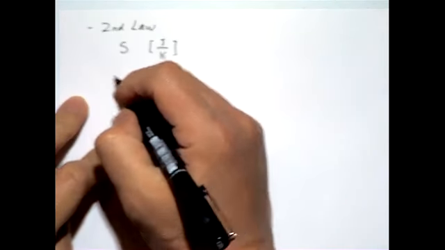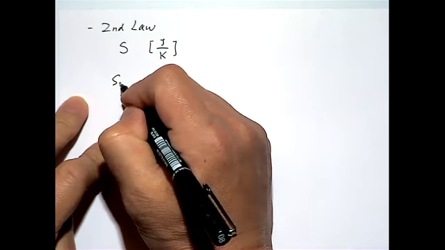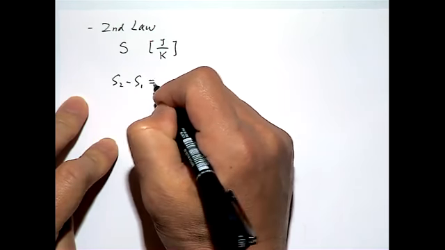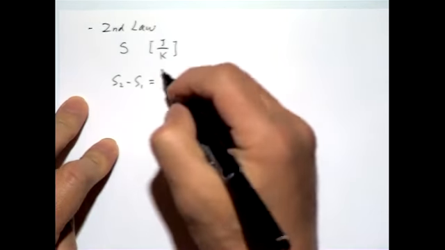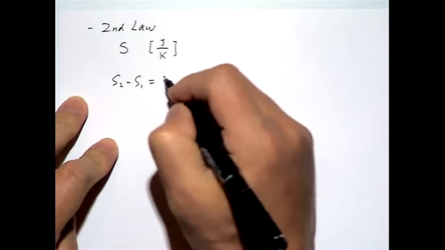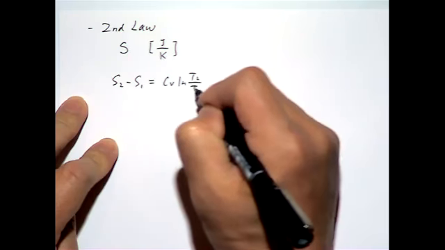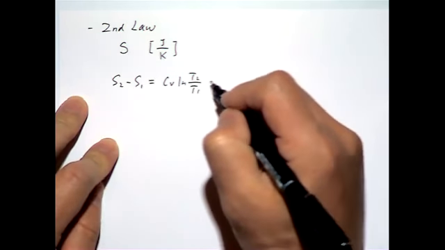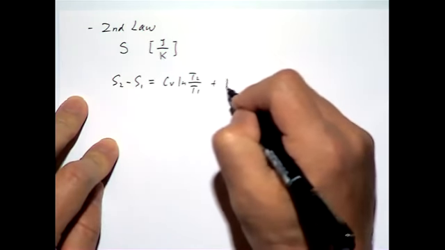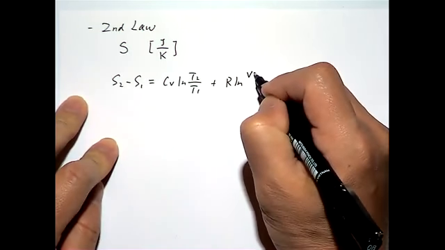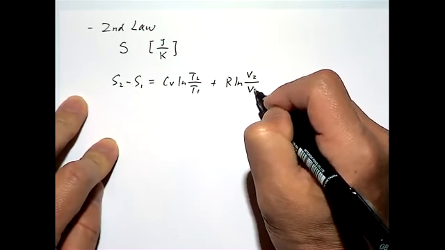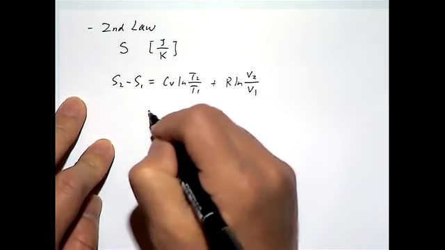So the Gibbs equation can be written as, in order to determine the entropy change from one state to the other, Cv log T2 over T1 plus R log V2 over V1. That's one form.